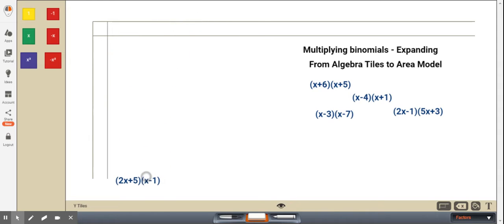I'm going to move these ones that we already did aside. And now let's move on to this one that has two negative numbers, x minus 3 multiplied by x minus 7.